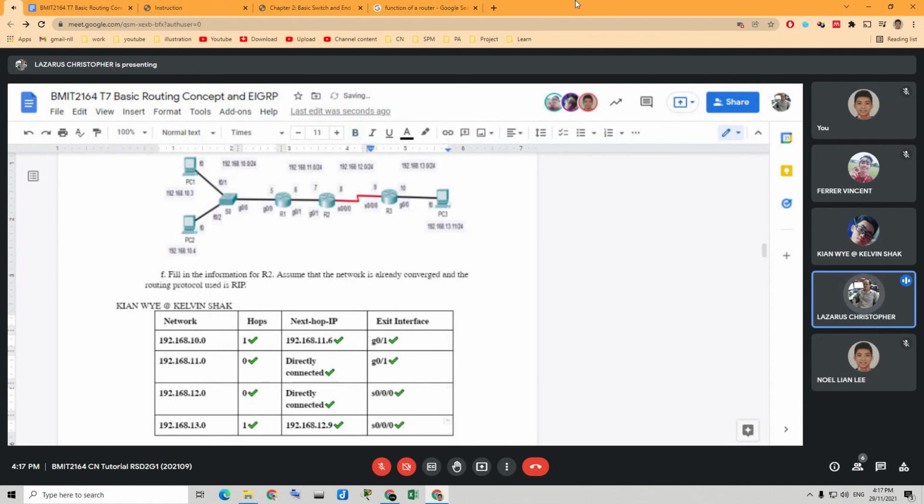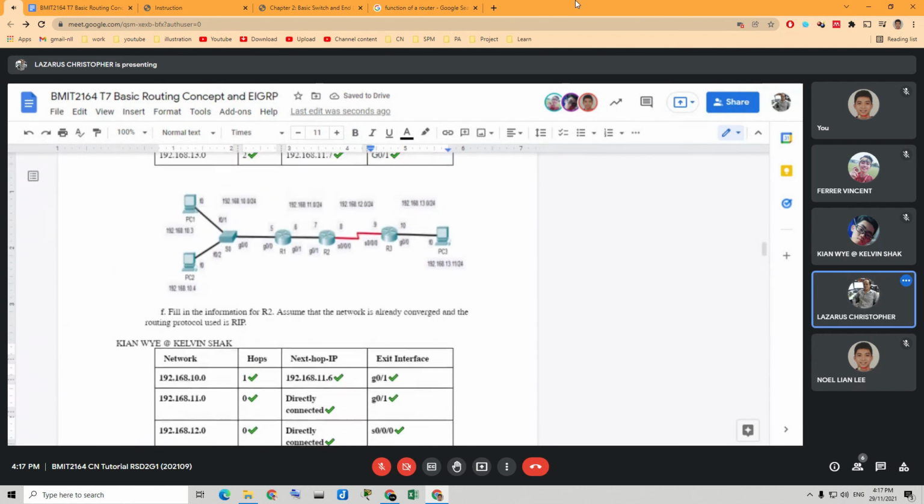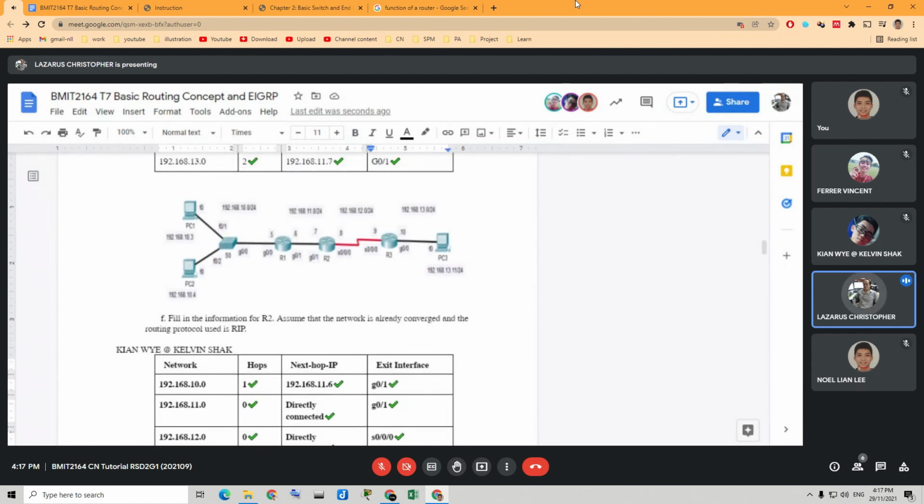What is the importance here? Not only because you need to know how to answer a question. Later, when you are doing Packet Tracer, then you know already. When the question is talking about the next hop IP, then you know which interface the Packet Tracer explanation is referring to.